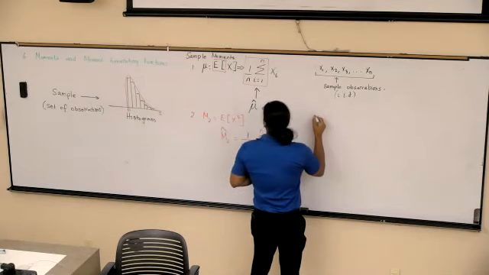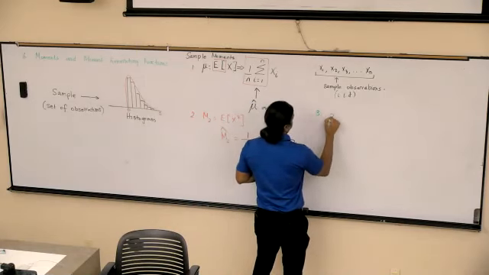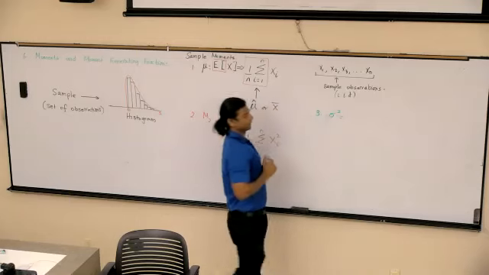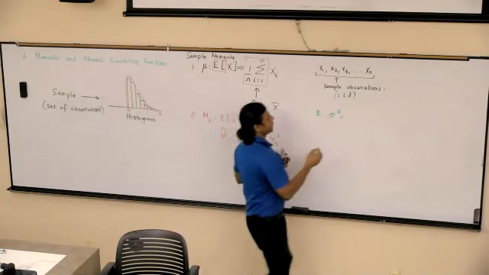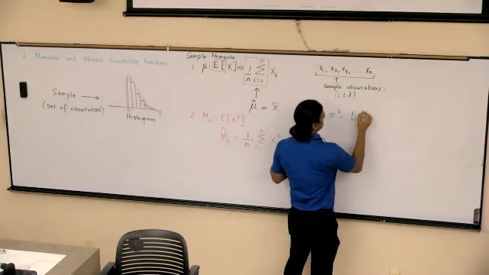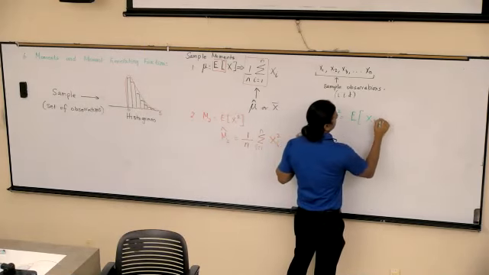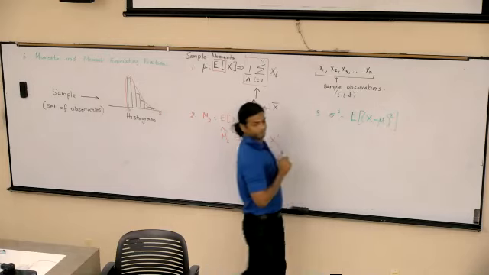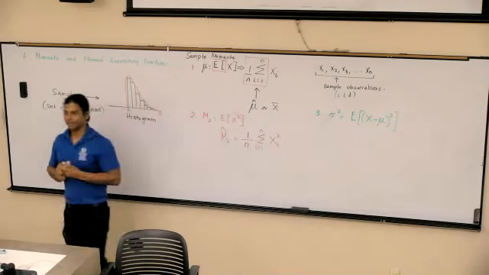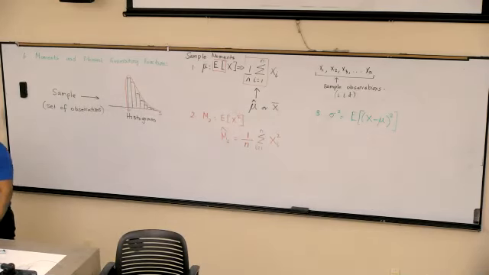If you look at the variance, which is sigma squared, from earlier, sigma squared is simply the expectation of (x minus mu) squared. Correct? Now, how would we write that term using a sample?